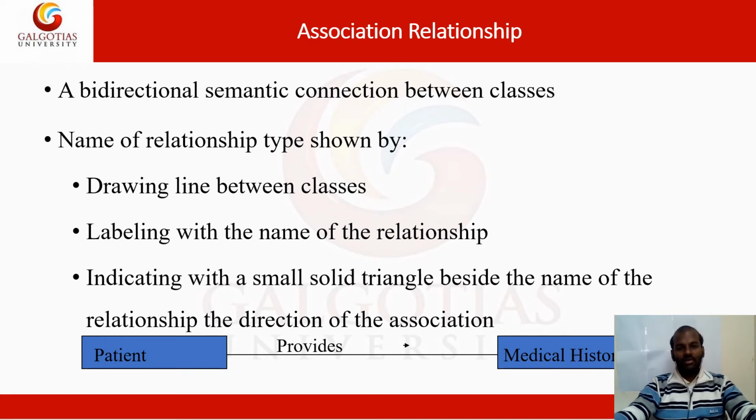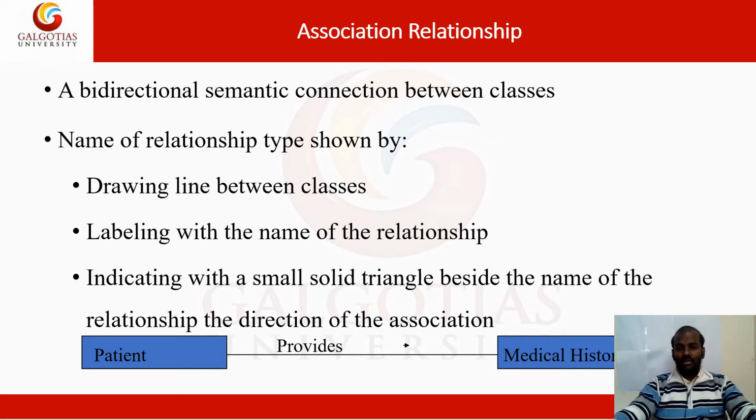I already told you the association relationship uses a straight line with an arrow mark. You draw a line between the classes, label it with the name of the relationship, and indicate a small solid triangle beside the name of the relationship in the direction of the association.